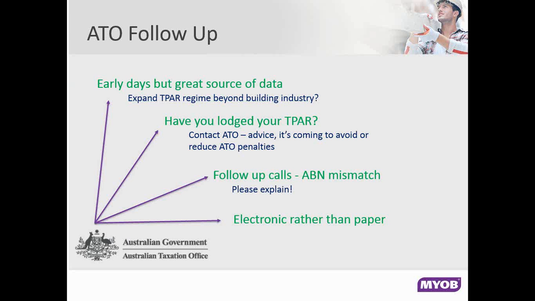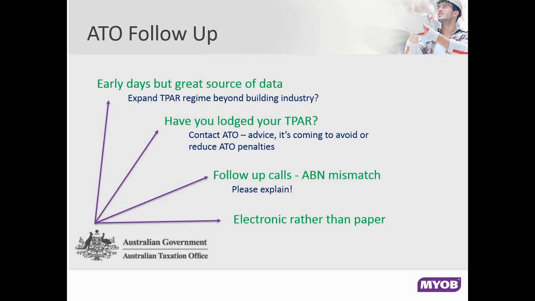Can you confirm that this is correct? And if it is correct, then I would suggest the ATO is more than likely going to be asking, do you have any contact details that I can contact Richard and then follow it up with him? So that might occur.